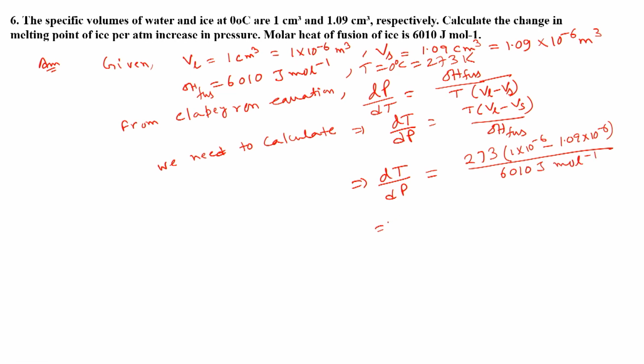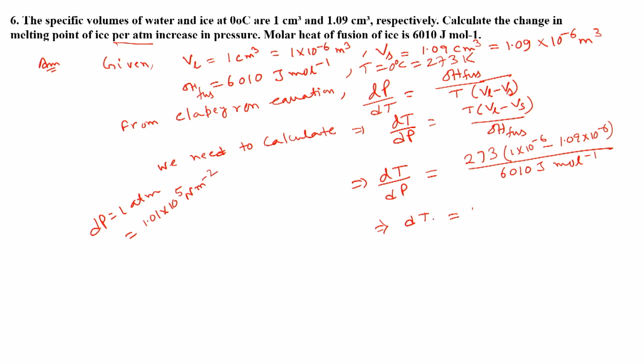So if we do it, we get dT by dP, per atmospheric pressure. So dP is 1 atmospheric pressure, and 1 atmospheric pressure means 1.01 times 10 to the 5 Newton meter to the 2.